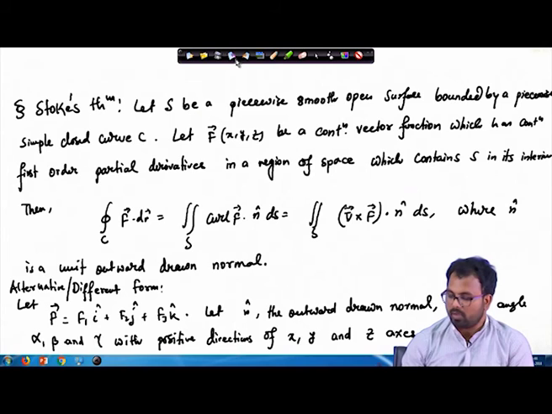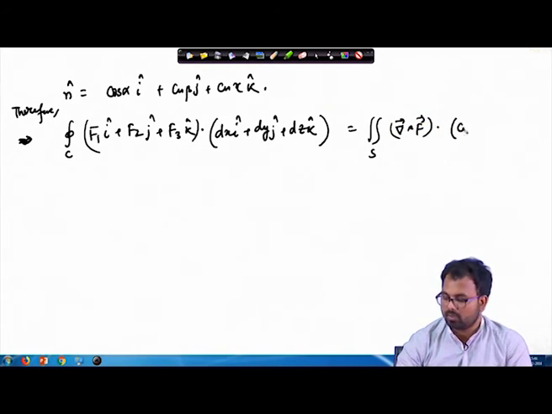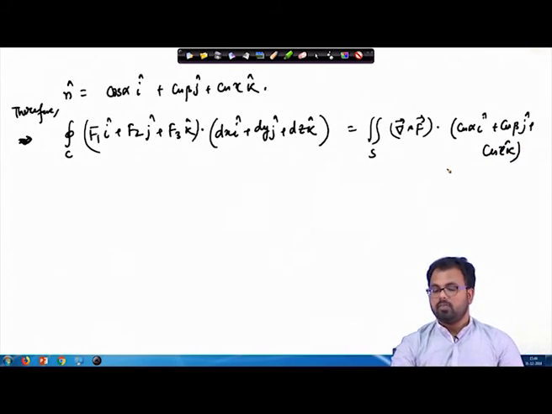So, here we have curl of f. So, if we calculate the curl of f, or let us just write curl of f dot n. So, n is cos alpha i plus cos beta j plus cos gamma k. Now we can calculate the curl of f easily, and then we take the dot product.